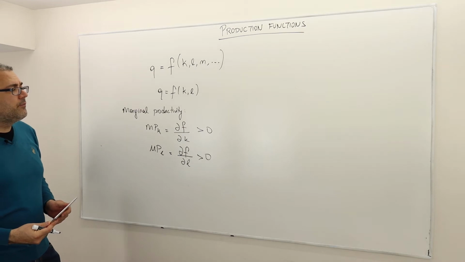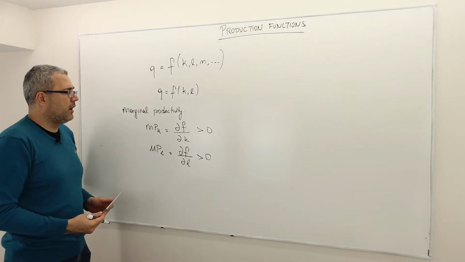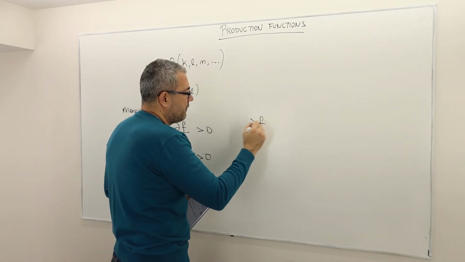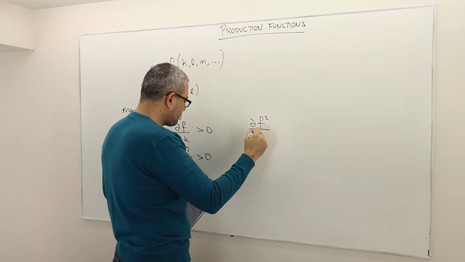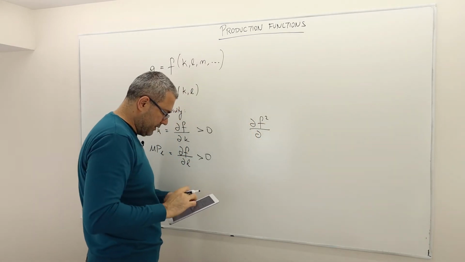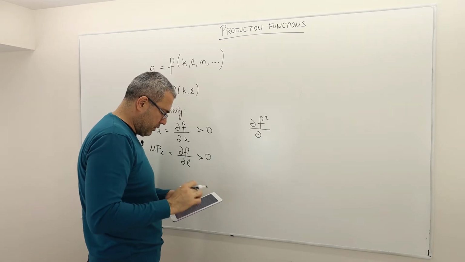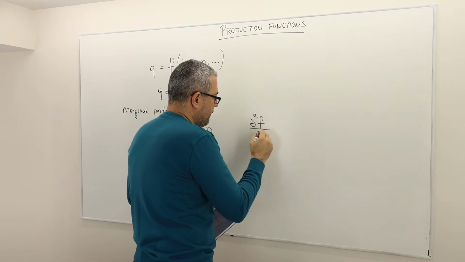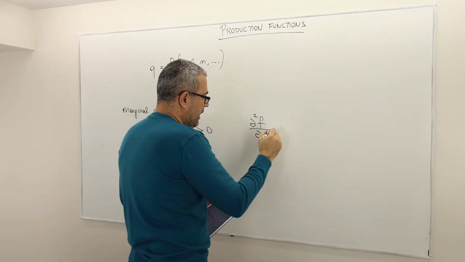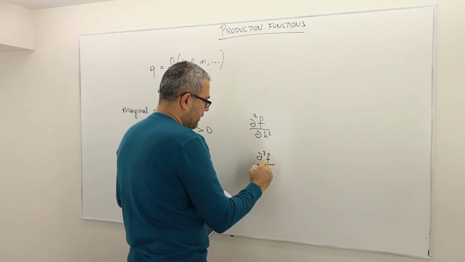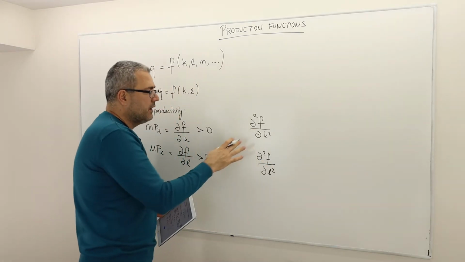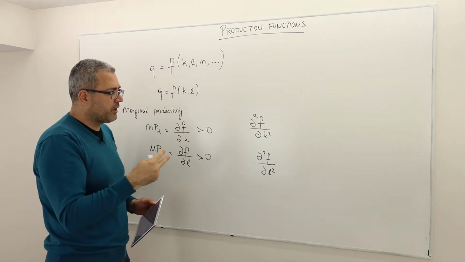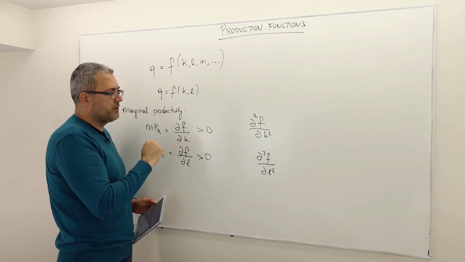Well, what about the second derivative of the production function with respect to capital and labor? I mean, what about del square F, I'm sorry, this would be a more correct notation: del square F del K square and del square F del L square. So basically that means you are taking a second derivative of the production function with respect to capital.